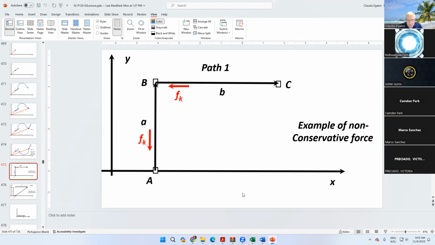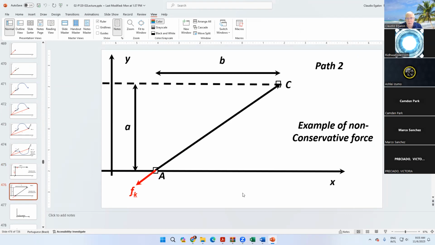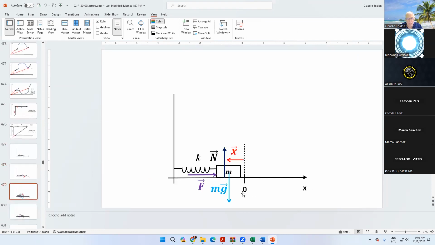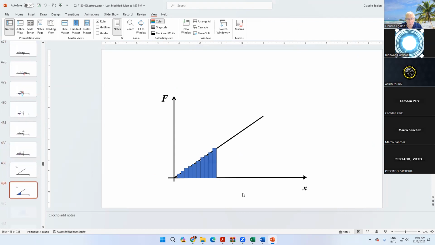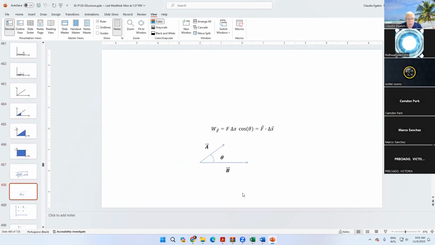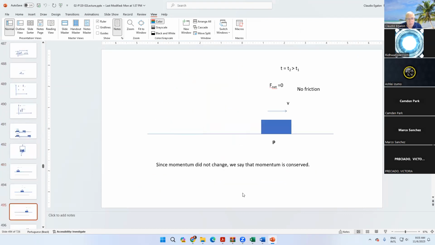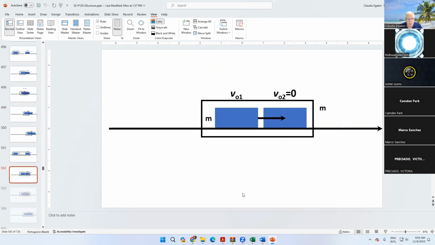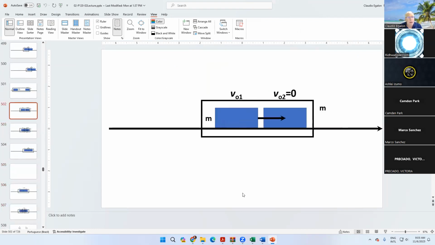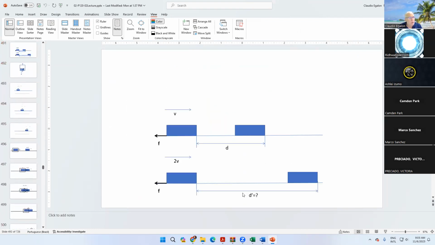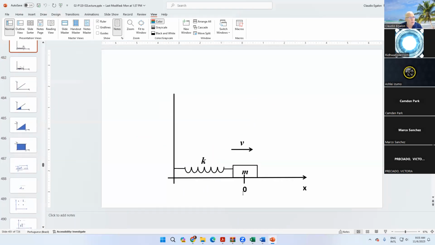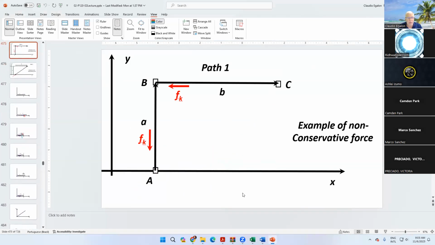Oh, this is a non-conservative force. Hang in there. This is a non-conservative force. Let's see here. I'll have to do that from scratch for a conservative force, unfortunately. Anyway, I'll be able to reuse some of that for the conservative force.